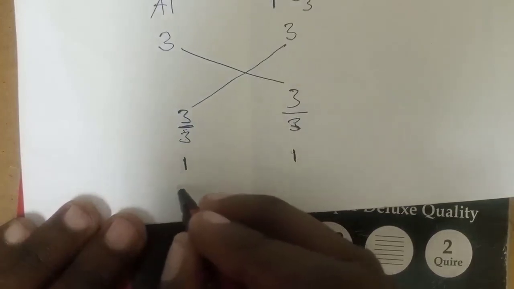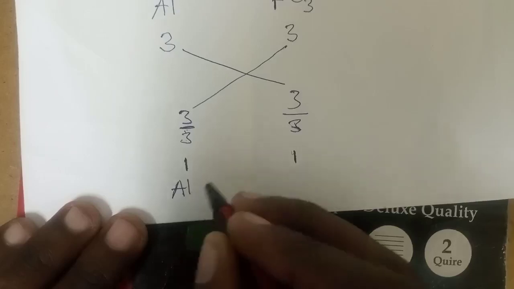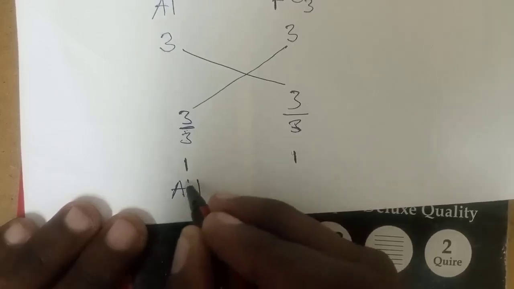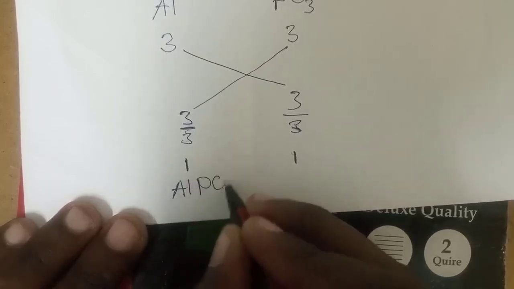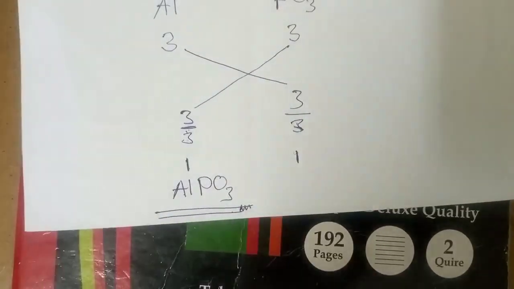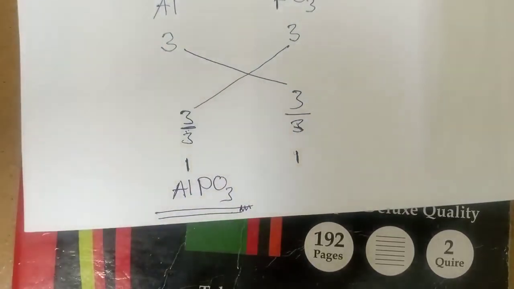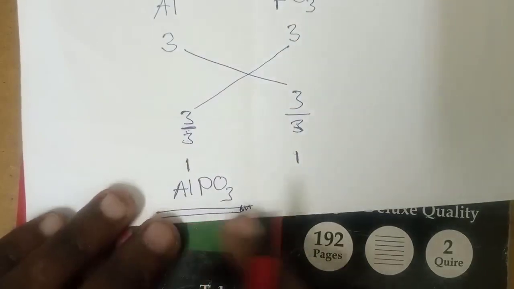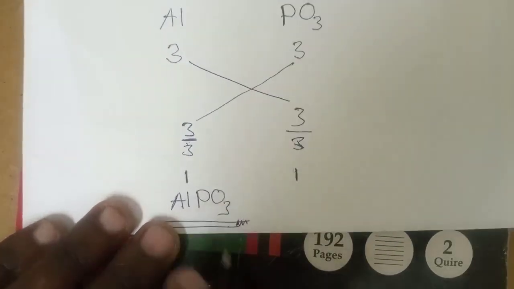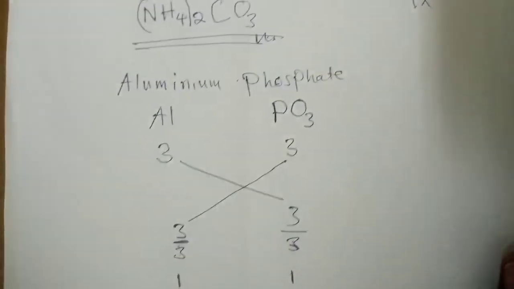So we're going to write the chemical formula as aluminium 1, then phosphate, like that. As simple as that. Are we together? This is how you write a chemical formula.